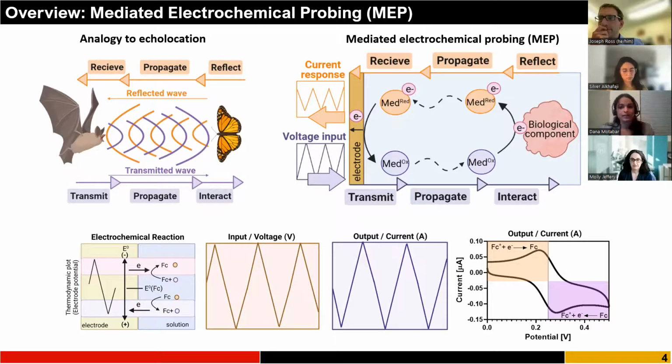And so the mediators can then diffuse and interact with biological elements in the local environment through the exchange of electrons. And then the mediators will return to the surface of the electrode where information on the redox state can then be decoded by the electrode into an electrical output signal. And these signals can then be further analyzed using what we call signal processing methods.